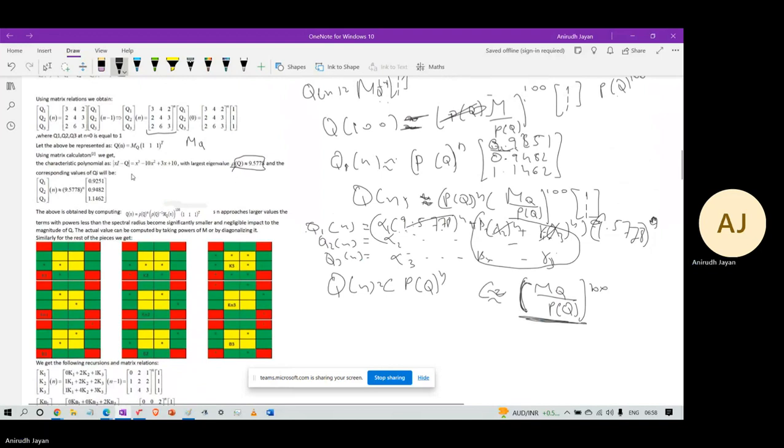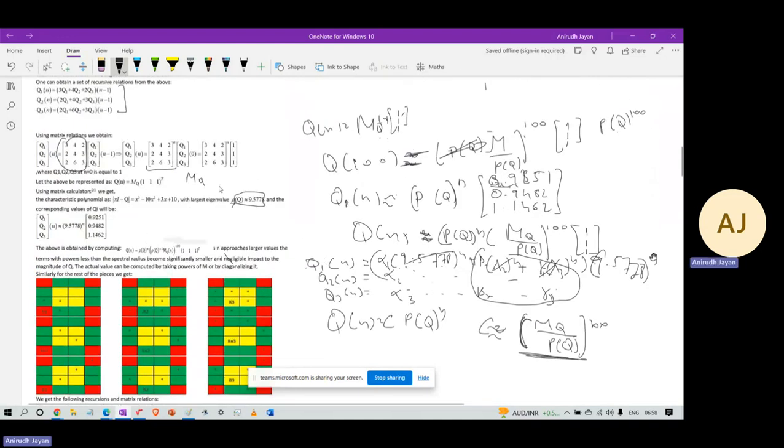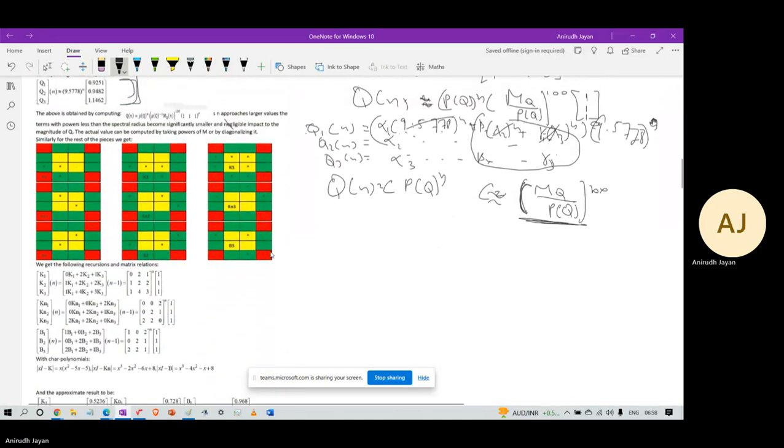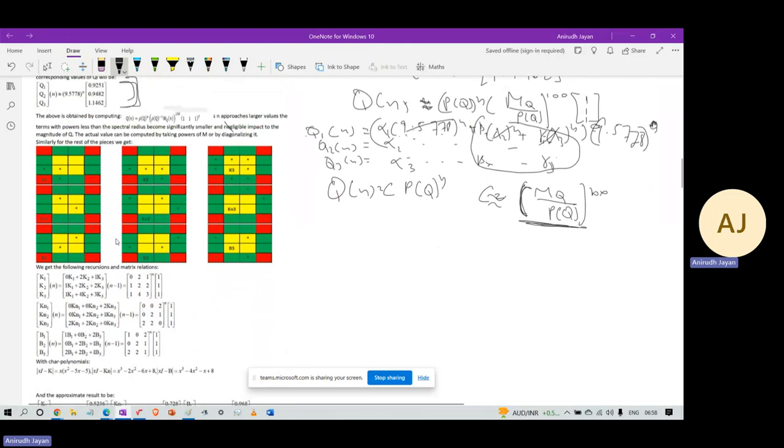Now, since we only need to find the matrix recursive relation, we get the corresponding eigenvalues and the results using the matrix calculator. One can do the same for the king, knight, and the bishop. One simply has to get the relations.